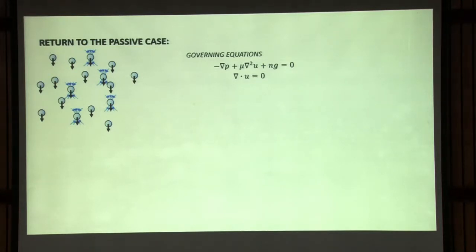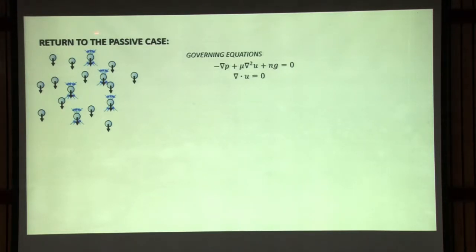So if you now look at the sedimenting suspension from a continuum field approach, then the equations are the Stokes equations here, but with a body force due to the heavy sedimenting particle. So N is the number density field, and that's really a random field for this. It's a fluctuating field with certain specified statistics, okay?